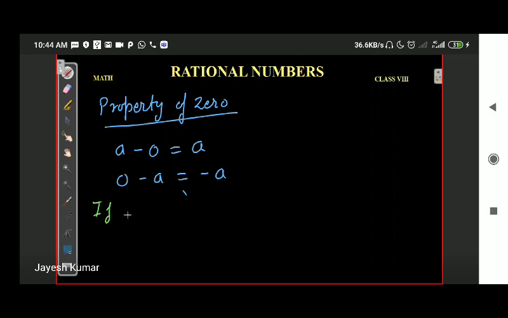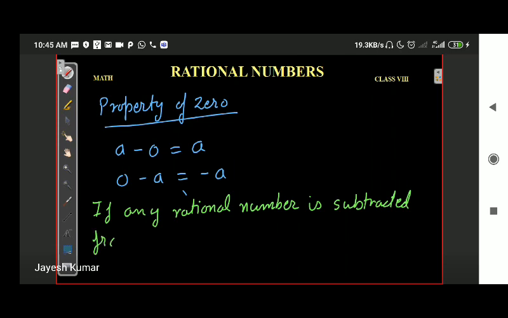If any rational number is subtracted from zero, then its sign changes.